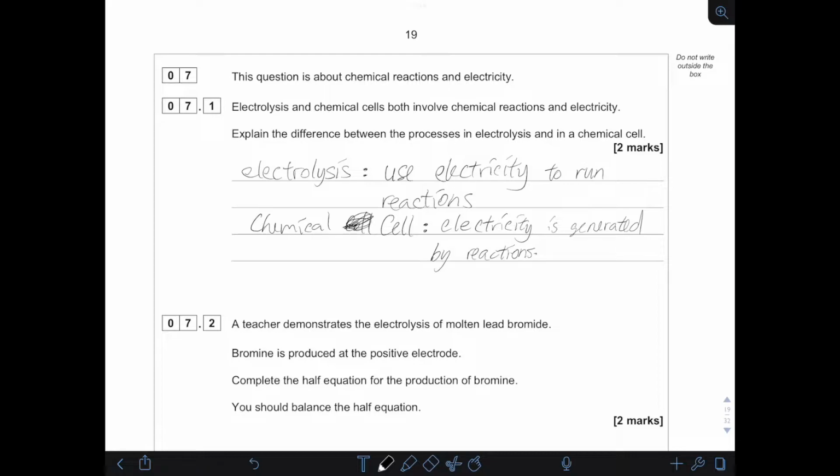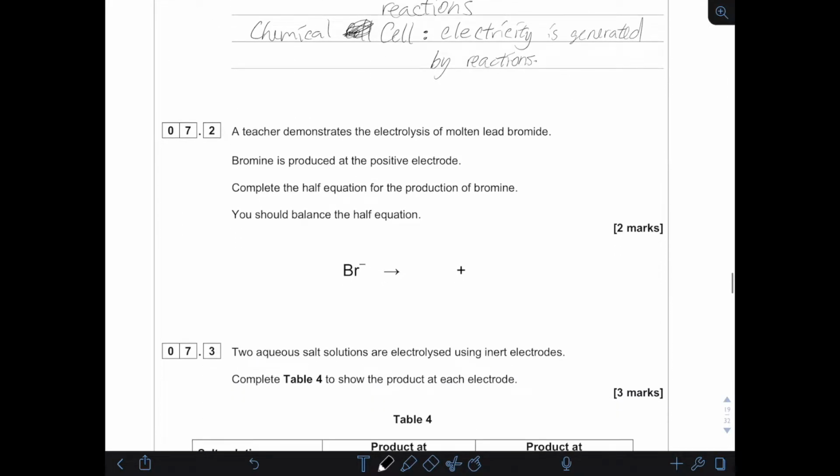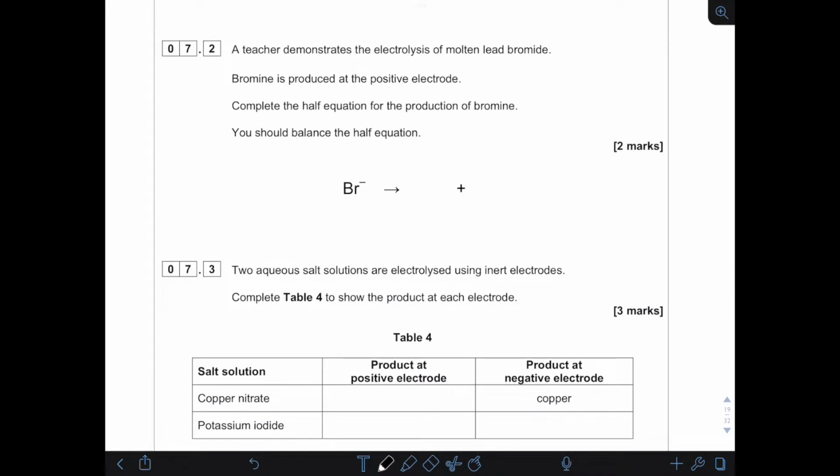So there you go. A teacher demonstrated electrolysis of molten lead bromide. That's very brave of that teacher. So you're making bromine on the positive electrode, which means that the positive electrode always draws electrons out of compounds.